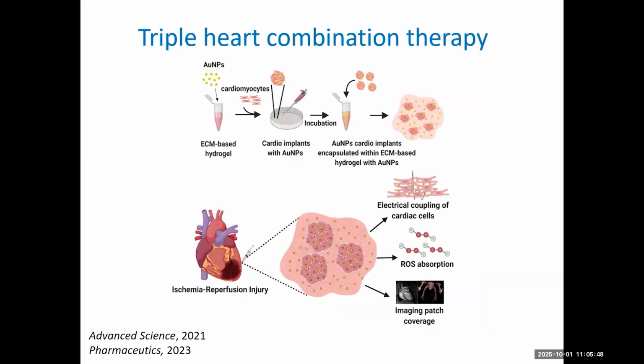In addition to better electrical coupling of cells, we want to exploit these gold nanoparticles. We want to absorb reactive oxygen species after infarction, and also to use these particles to image the treatment. So when we inject it, we want to see where we injected it in comparison to the scar tissue.